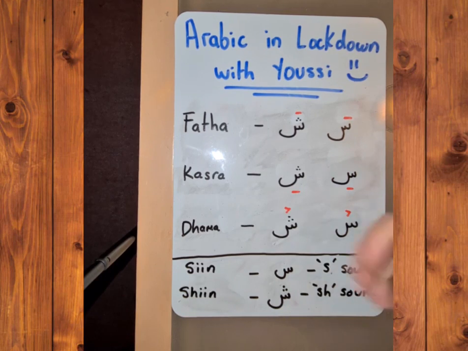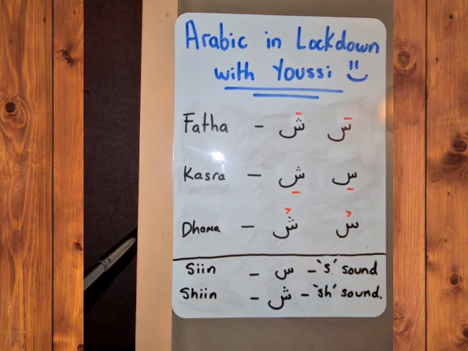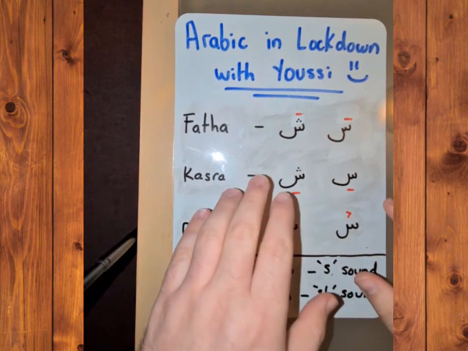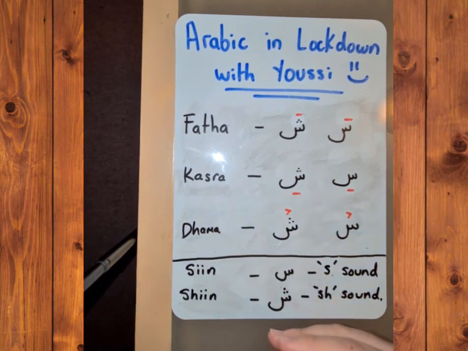Now let's do the sin on its own and the sheen on its own. Sa, si, su, sha, shi, shu. So we've looked at how these letters sound.